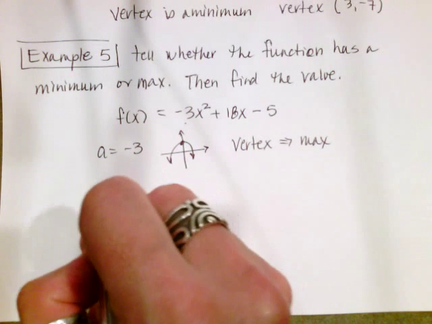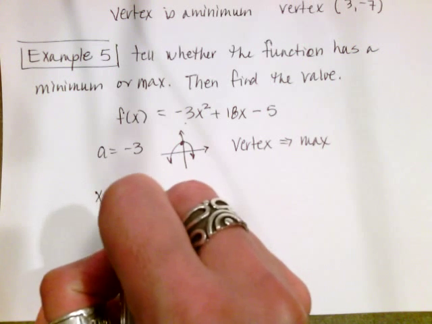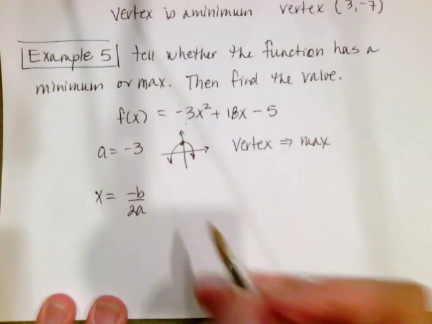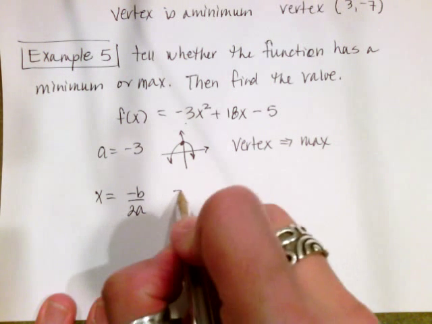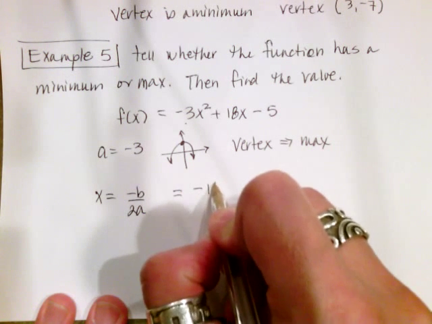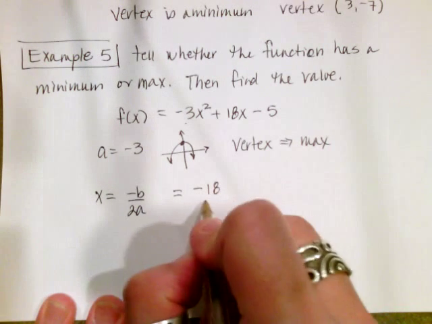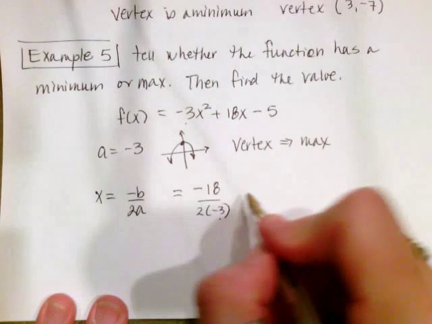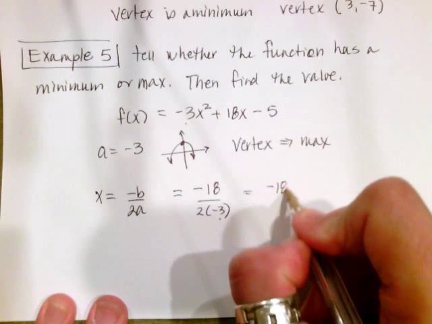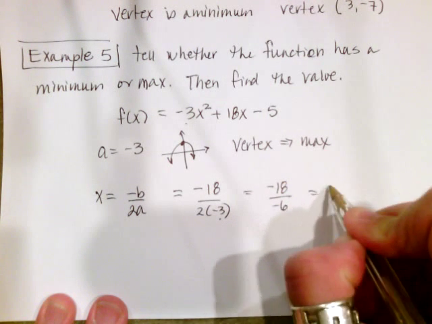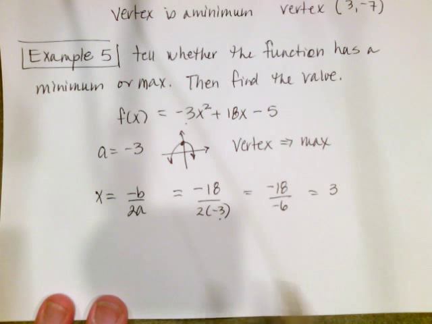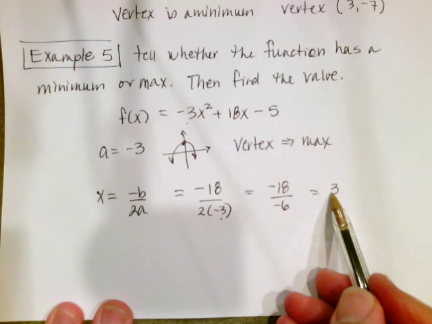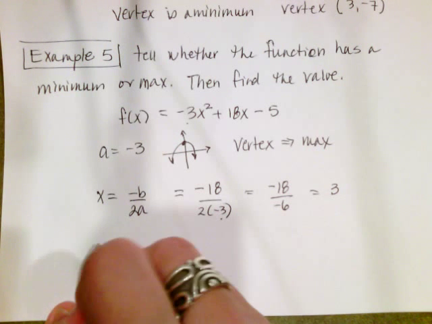So I'm going to use my handy dandy formula. X is equal to a negative b over 2a, and I'm going to substitute the values in. So this is going to be a negative, here's my b value, which is 18, over 2 times a negative 3, this is a. If I simplify, I get a negative 18 over a negative 6, which is a positive 3.